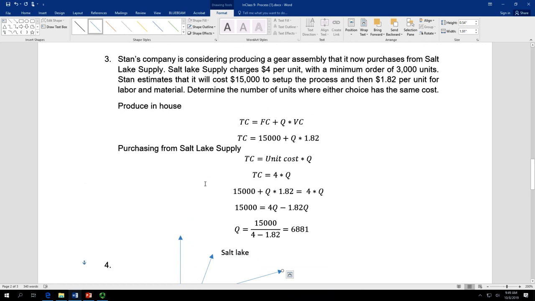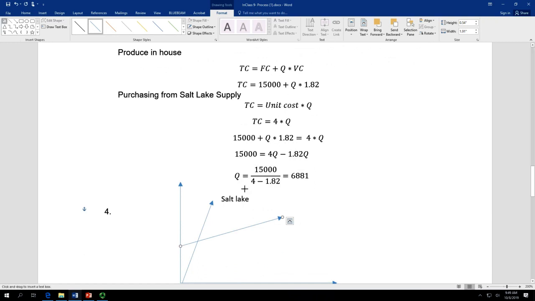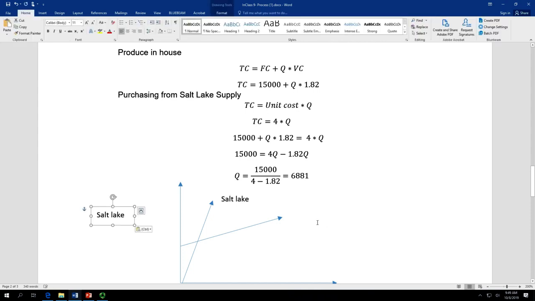When you have a high slope, that means your curve is going to be really close to the y-axis, correct? And then I will label the second line. I will copy this one, and here put this as produce in-house.